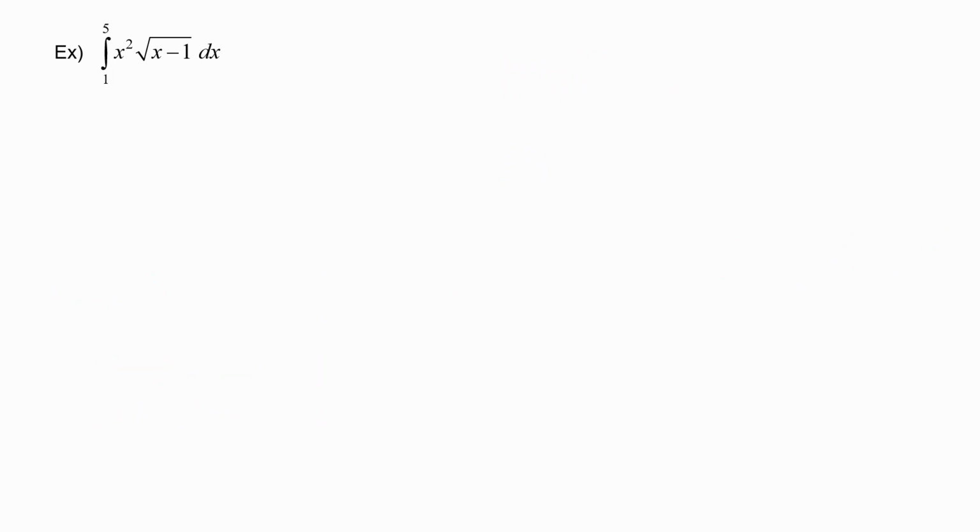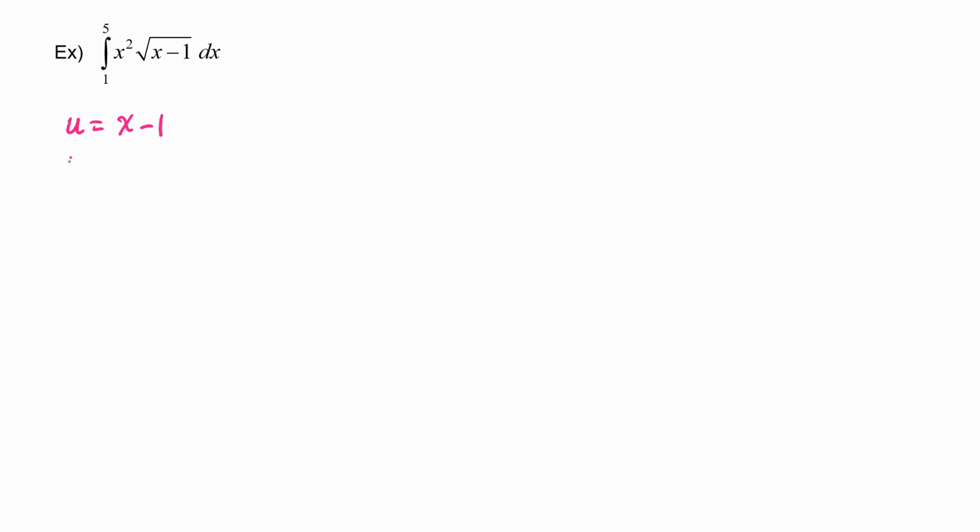In this example, we have to integrate from 1 to 5 x squared times the square root of the quantity x minus 1, dx. Let's let u be the inside of the radical function. So u is equal to x minus 1.